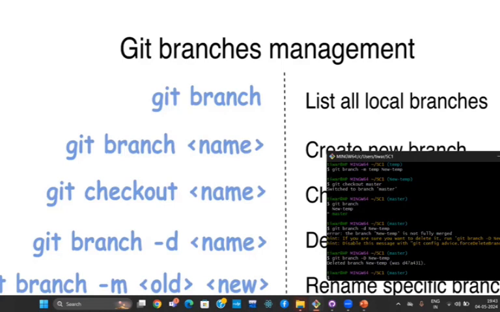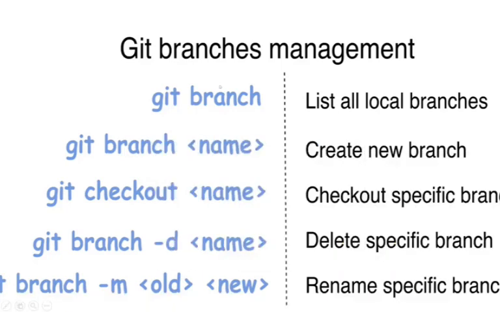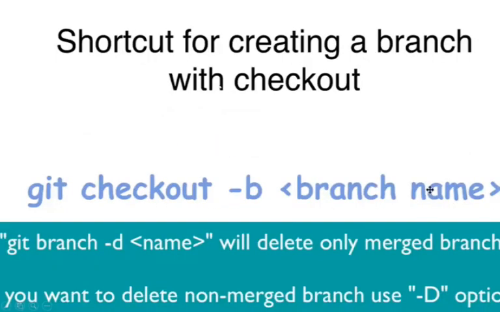For merged branches, in the presentation you can see the shortcut for creating a branch with checkout. Like if I want to create a branch and work on that branch simultaneously, I just use git checkout -b branch name. It will create the branch and move to that current branch. Git branch -d name will delete a merged branch.